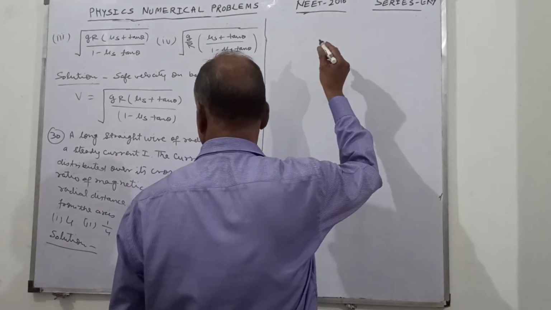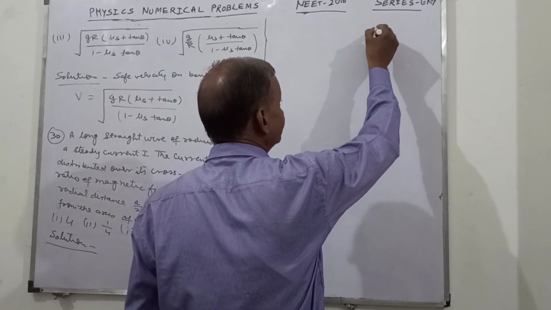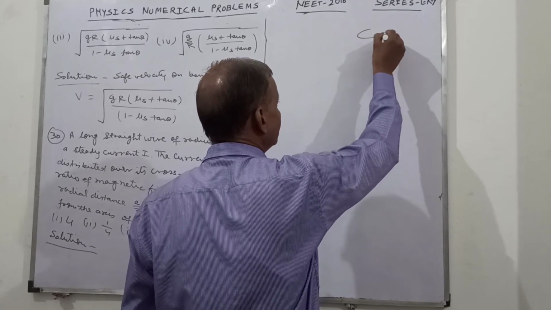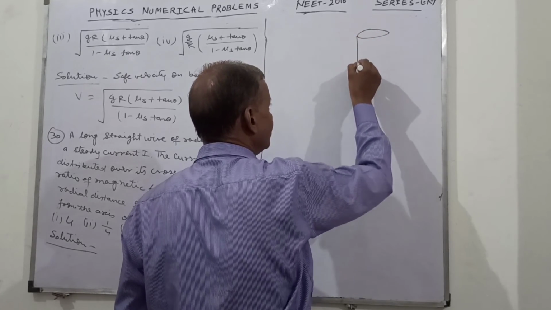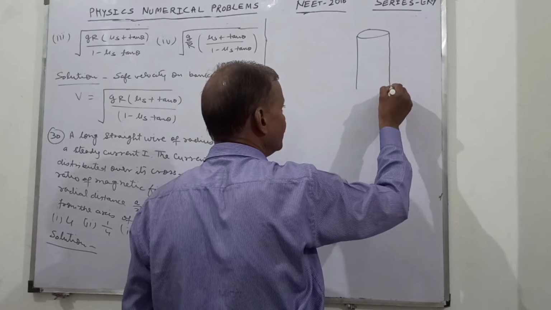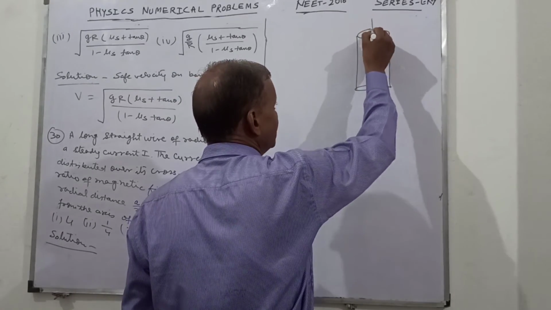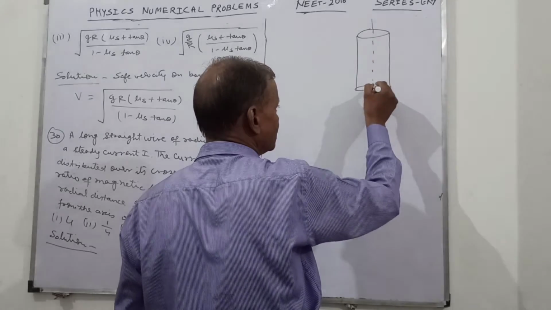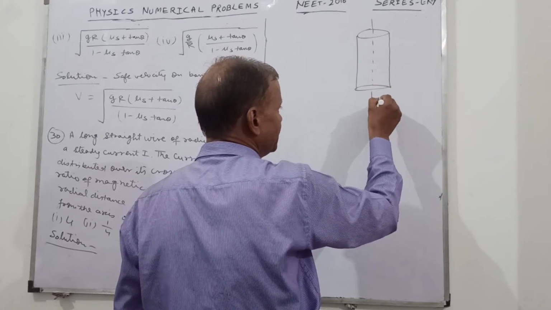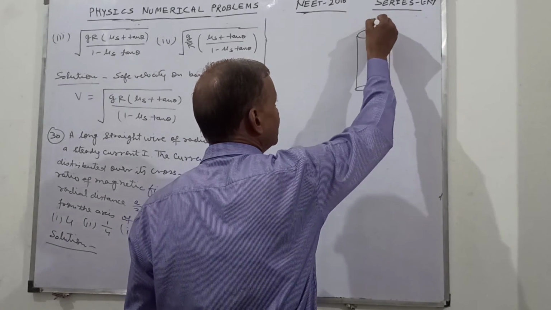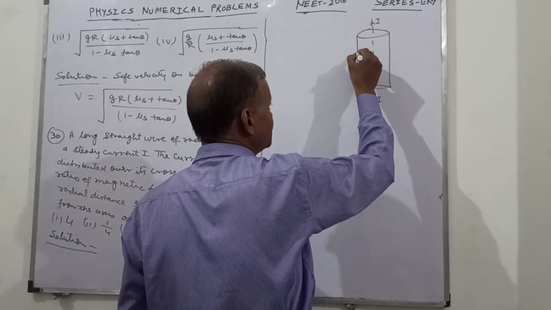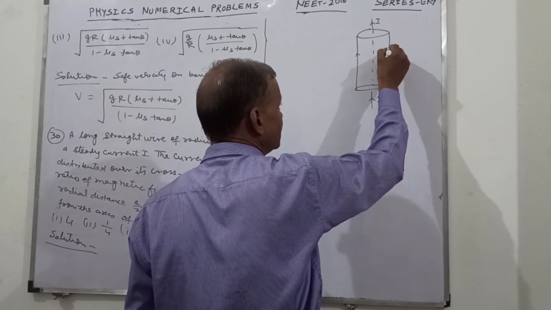Suppose this is the given cylinder. This is now the axis of the cylinder. It carries current I. So current is distributed uniformly.